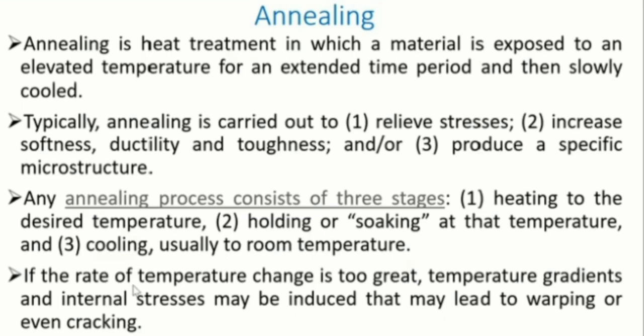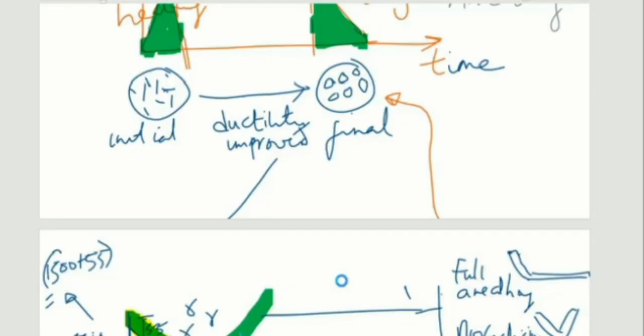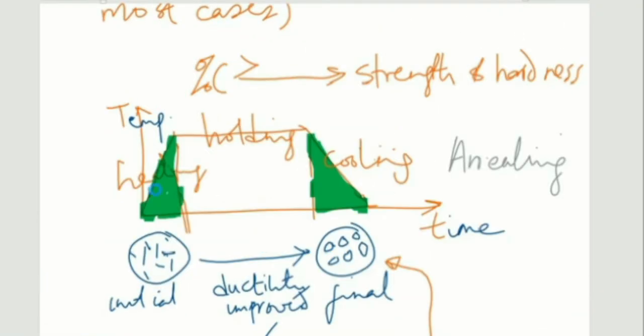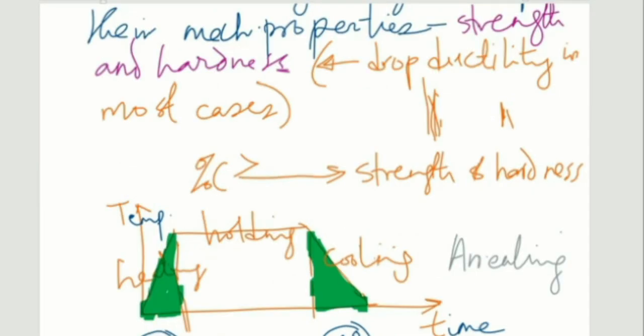So we don't want a great change in temperature, else it will induce internal stresses. So it has to be from experience, right? The heating process should not be done in such a way that it is too steep. Because if it is too steep, then there is no time for change in microstructure, right?